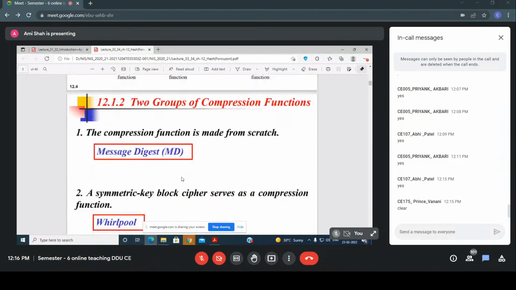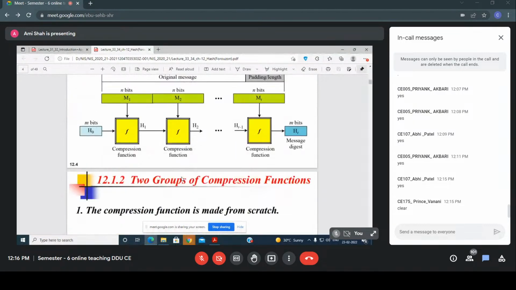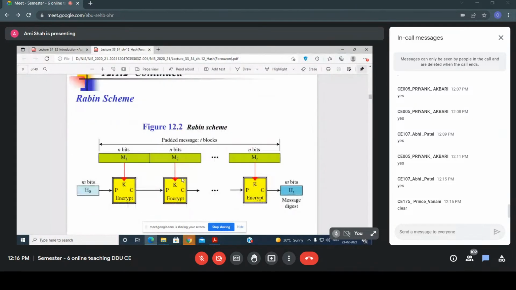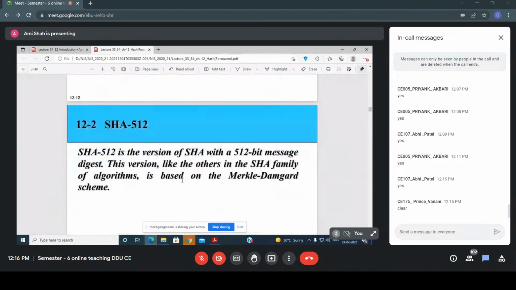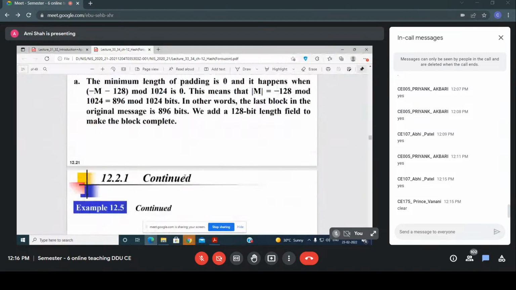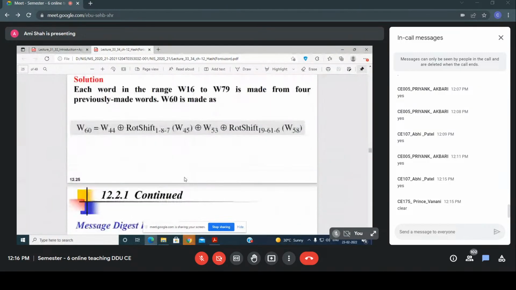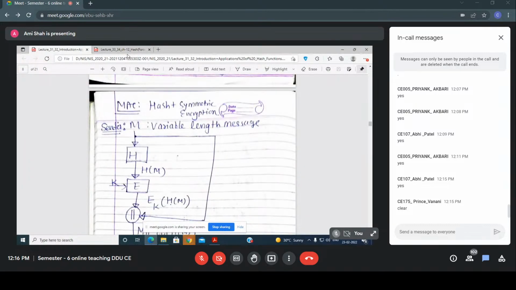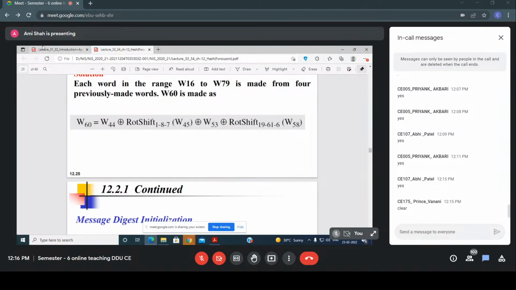Some other concepts are also given in it, but you have to go through just SHA 512. The other material like Whirlpool is also given here, so I will not explain that, but I will provide the whole PPT so you can get all the information.